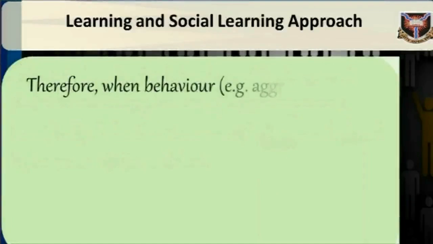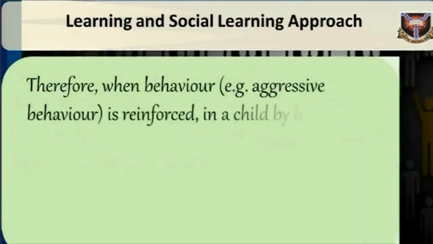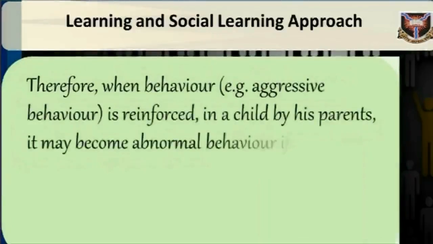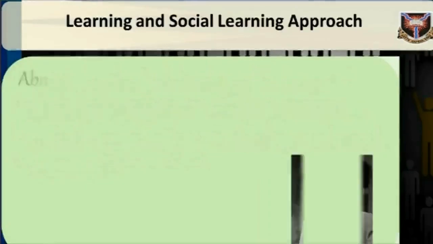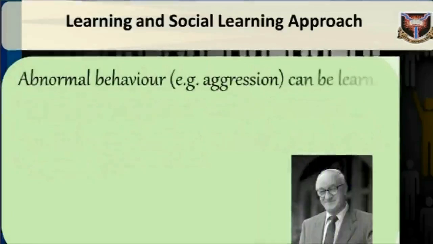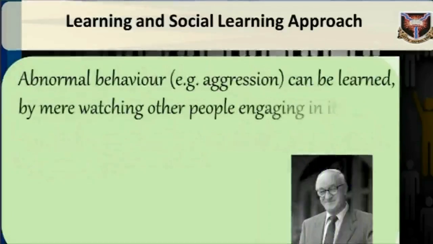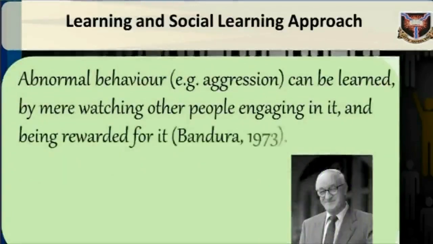Therefore, when behavior, that is, aggressive behavior, is reinforced in a child by its parents, it may become abnormal behavior if he constantly engages in it. Abnormal behavior, e.g., aggression, can be learned by merely watching other people engaging in it and being rewarded for it. Bandura, 1973.